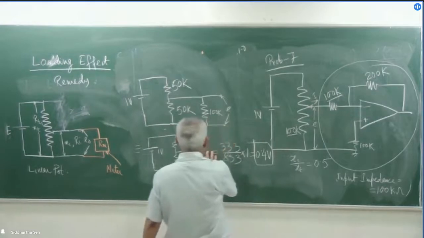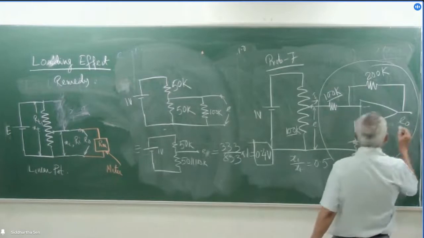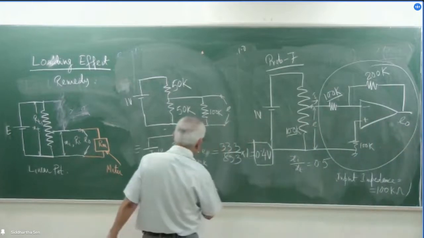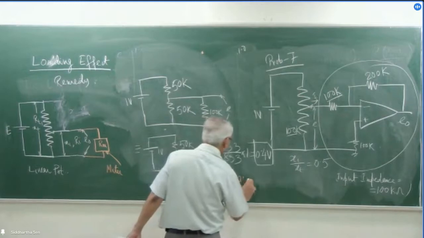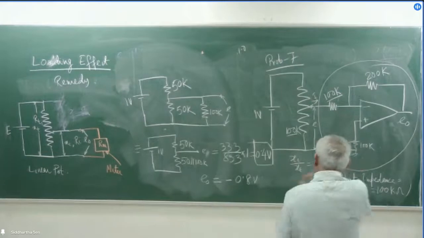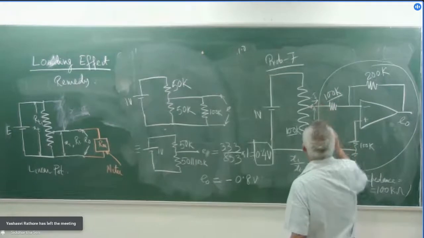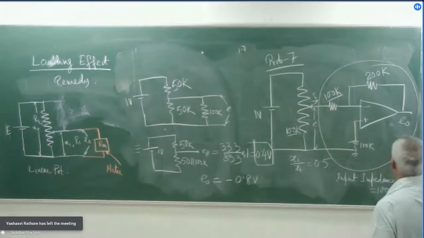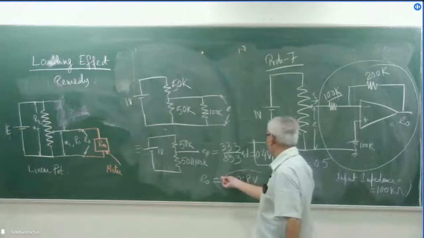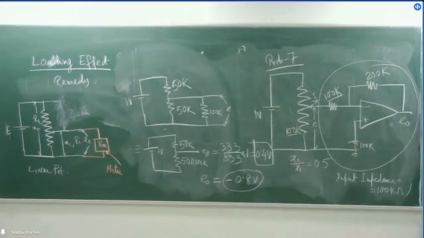And if it is E0, the output voltage is equal to minus 0.8 volt, because the gain is 2 there. So ideally I should have minus 1 volt for the midpoint of the potentiometer, but now you are seeing minus 0.8 volt. Naturally, it will give you a wrong reading and wrong conclusion.